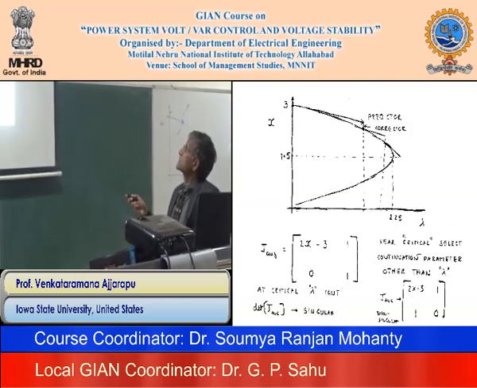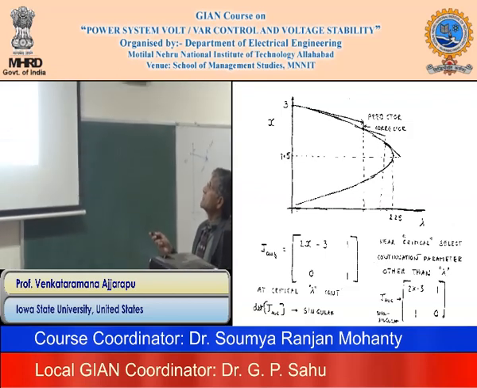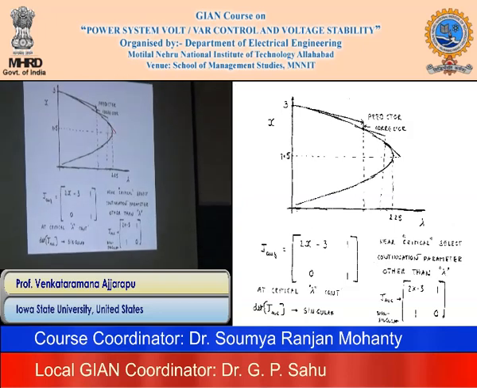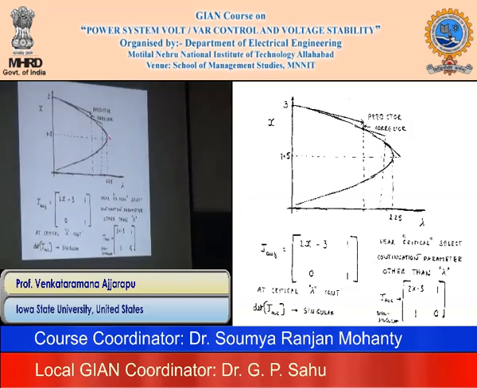So again, your predictor corrector, and if you cross beyond this critical point lambda, then you have to iterate on the x value. So in this case, x value, to get back to 2.25, this solution.